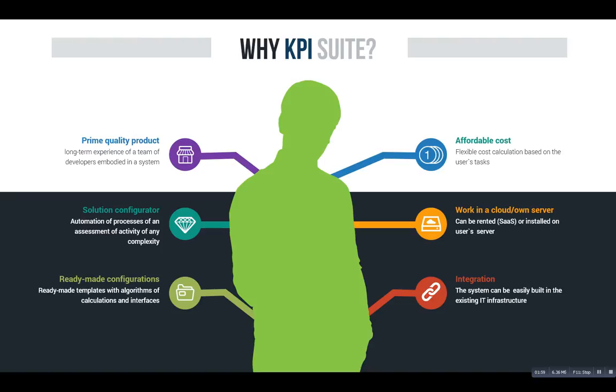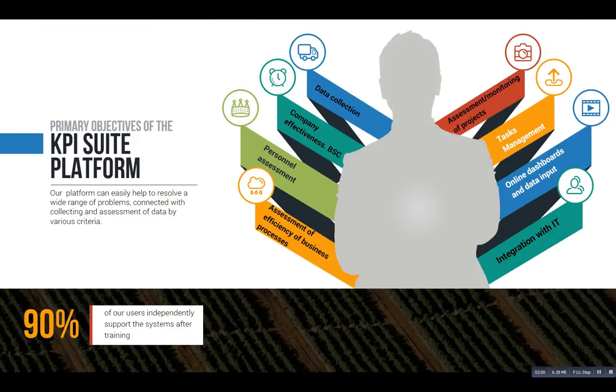So what kind of data do we use, and what tasks do our solutions perform? First of all, data collection. We can connect 2-3 different types of sources, such as the ERP system, the CRM system, the SMS system, and the warehouse management system, collecting all the data into one system.